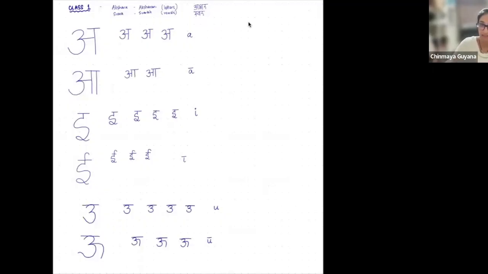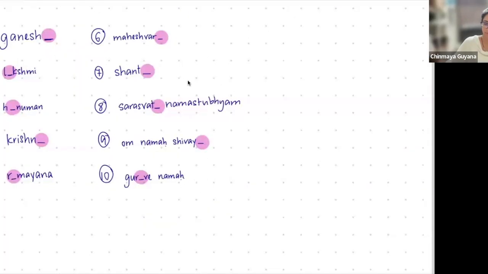Don't start yet. When I say start, you start. So I hope you can all see the poll. Can you all see the poll? Okay. And I hope you can all see the questions now. So the first one is Ganesha. So you have to answer which vowel is missing in the highlighted part of Ganesha.